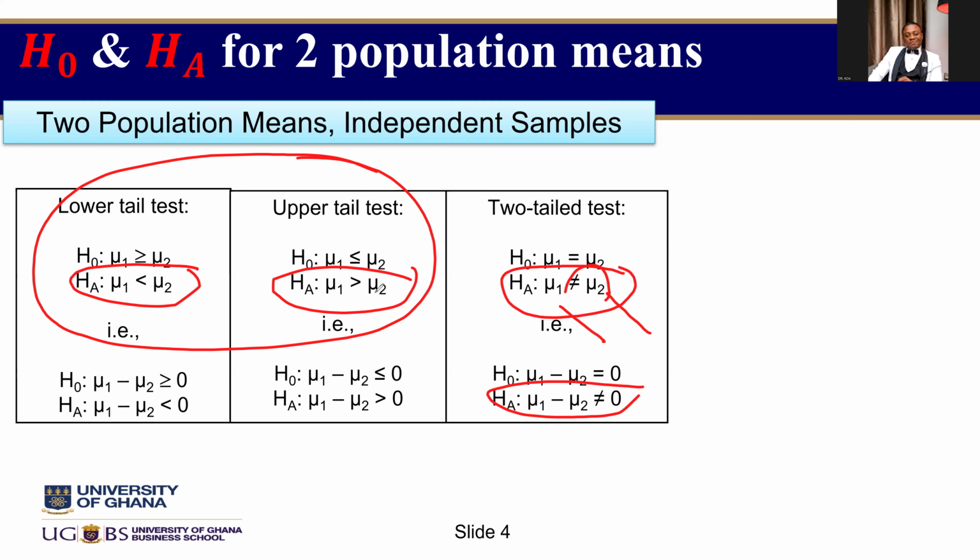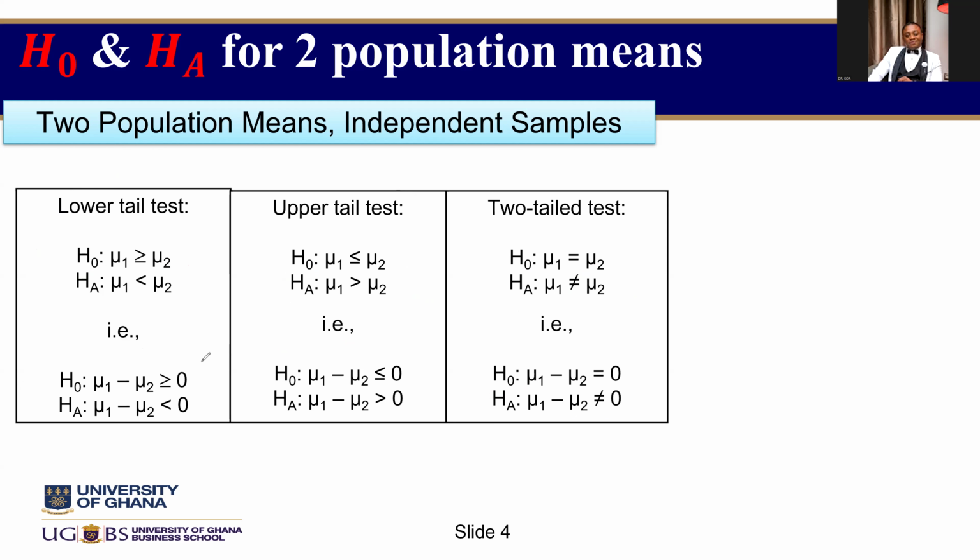Now, which one is the one and which one is the two? The one is the one that comes first in the sentence. The two is the one that comes second in the sentence. So the first of the four steps is to formulate a null and alternative hypothesis. And those are the different kinds of formulation that you have.